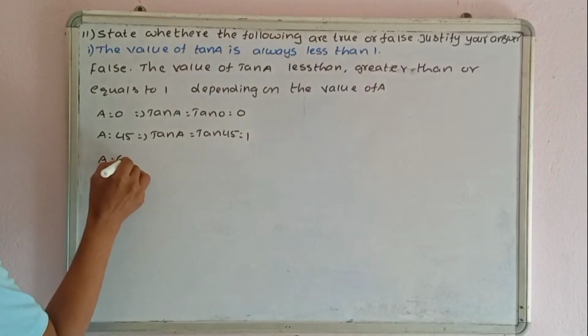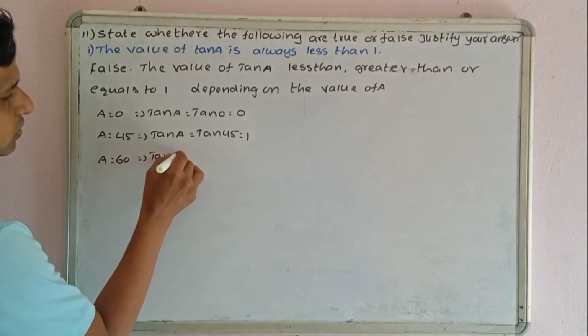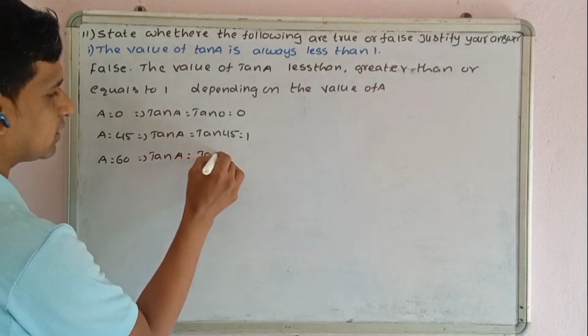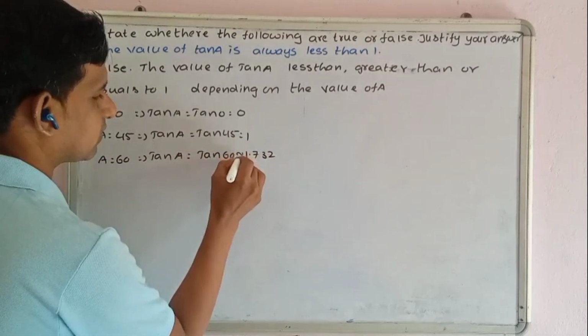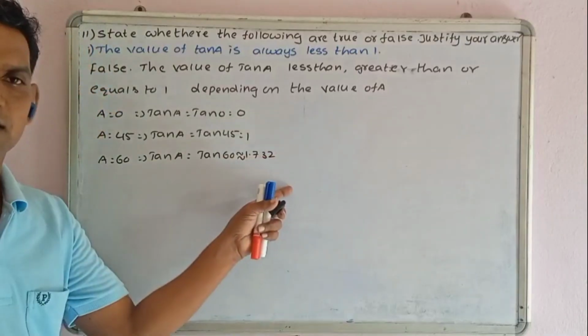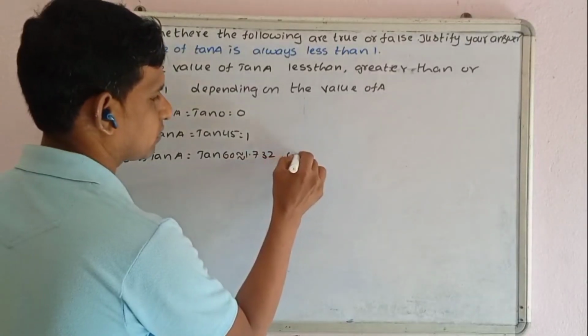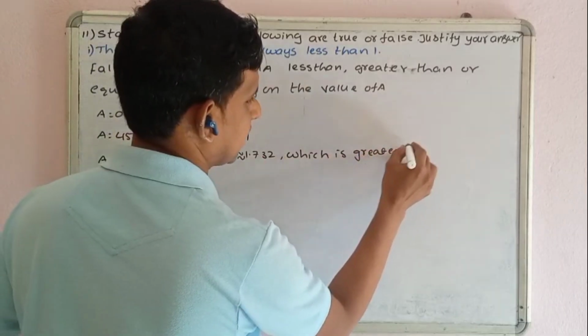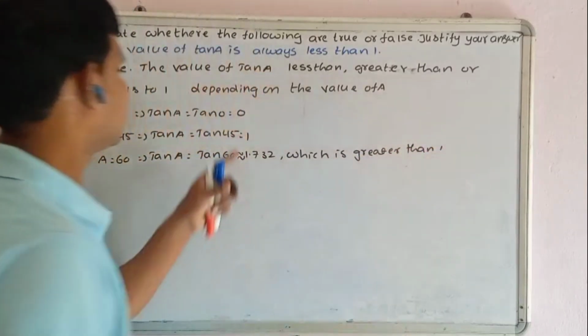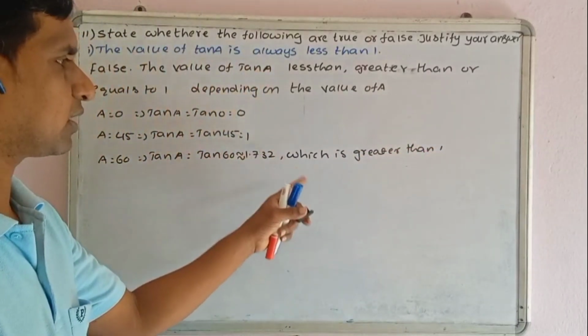If A equals 60, tan 60 is 1.73. This is an approximate value, not exact, which is greater than 1. So less than 1, equal to 1, greater than 1.